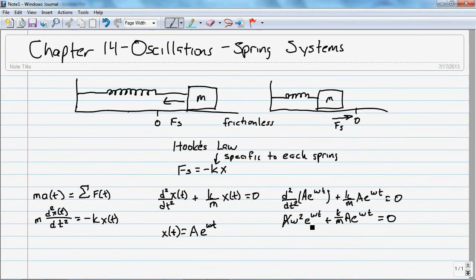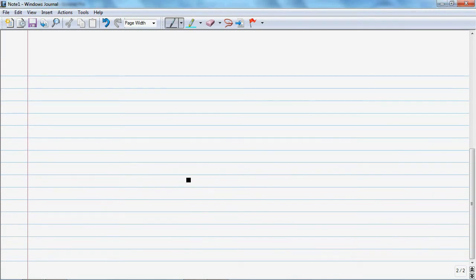Now the A's are going to cancel, the e to the omega t is going to cancel, and I get an equation, omega squared plus k over m equals 0. So omega is going to equal plus or minus the square root, actually forgot my j here. We'll just look at the positive root for the moment. So j times the square root of k over m.